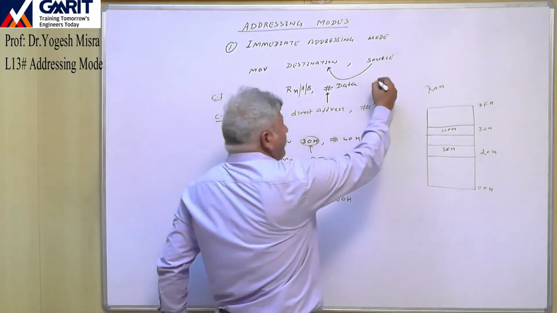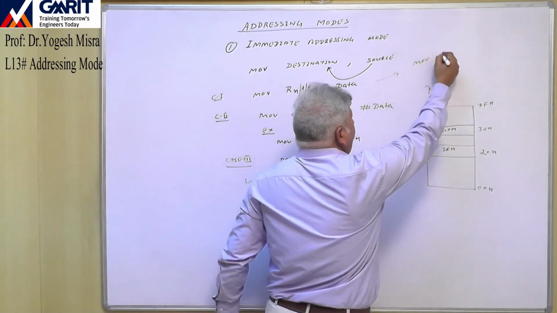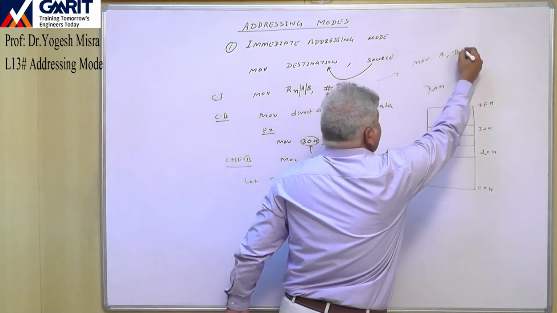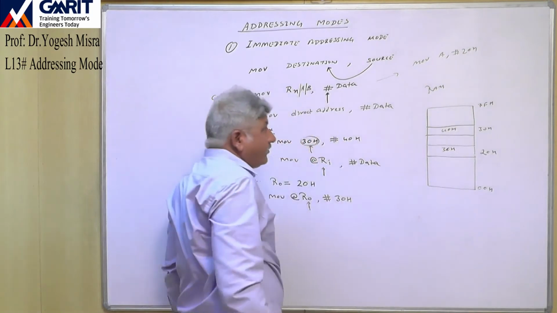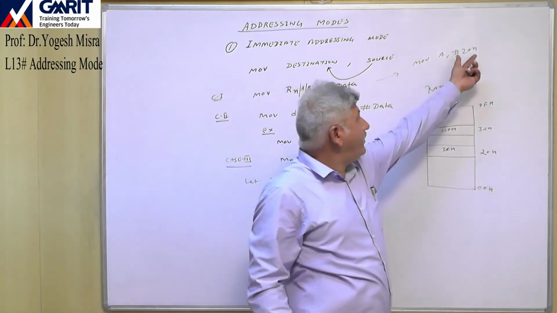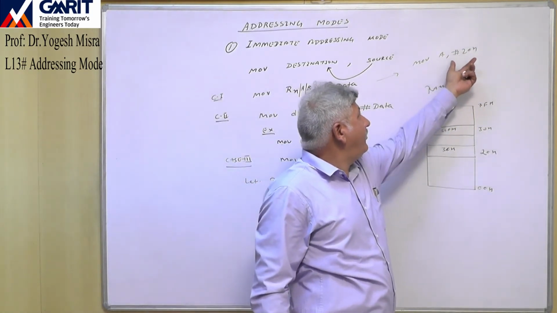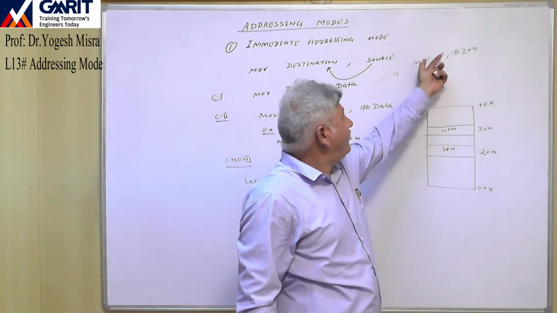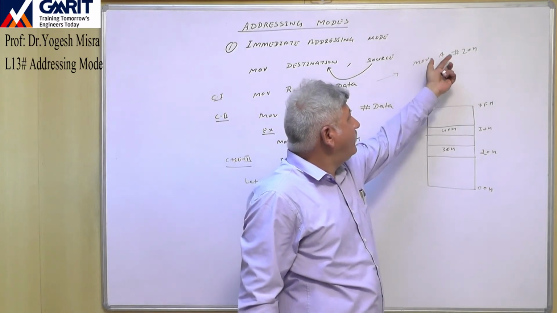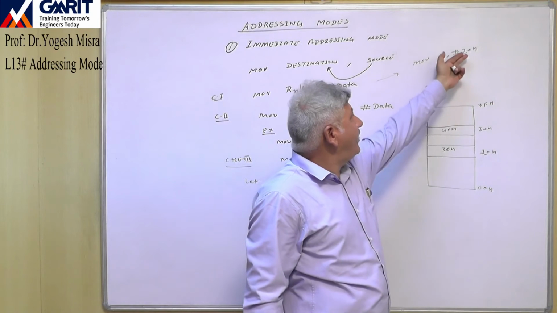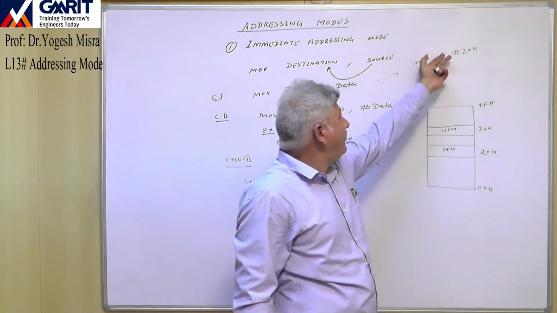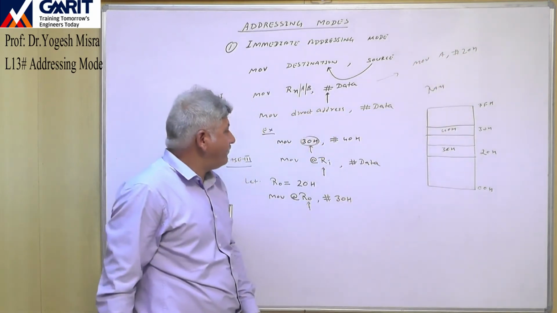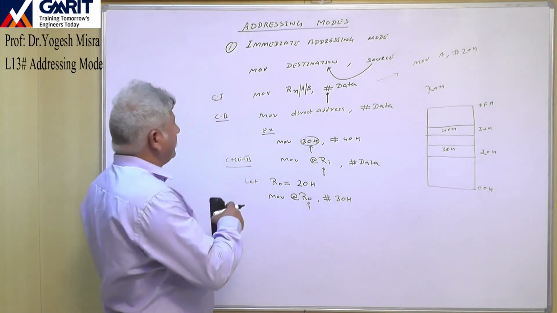For example, MOV A, #20H. So in this case, this 20H value, 8-bit value will be loaded in A register. Or in place of A, you can use B also. So in that case, MOV B, #20H. So 20H value will be loaded in register B. Okay.